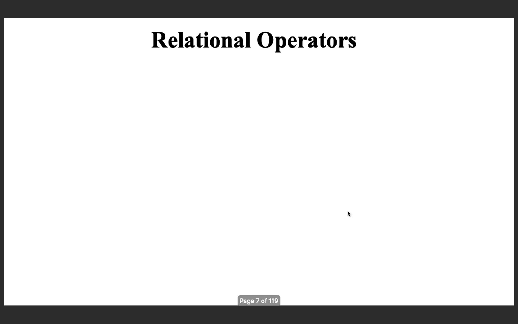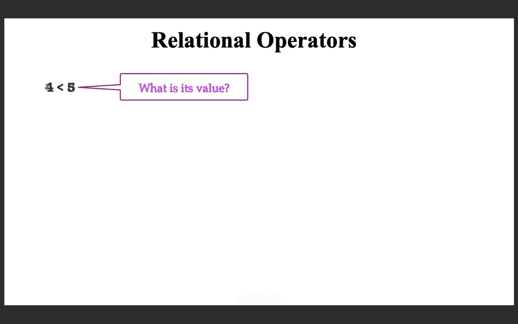We can try to understand what they are using simple expressions formed using relational operators. First example, this is an expression 4 less than 5. Less than is the relational operator, and it forms an expression, and every relational expression evaluates to either true or false. So what is the expected value of this relational expression?